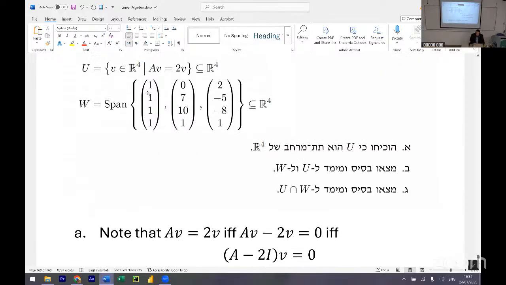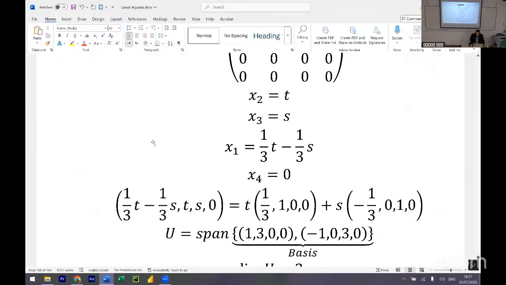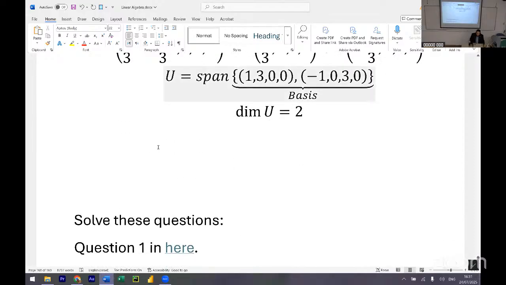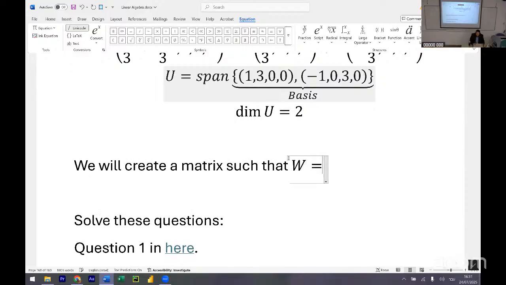Okay. We will create a matrix such that W is the column space of that matrix.